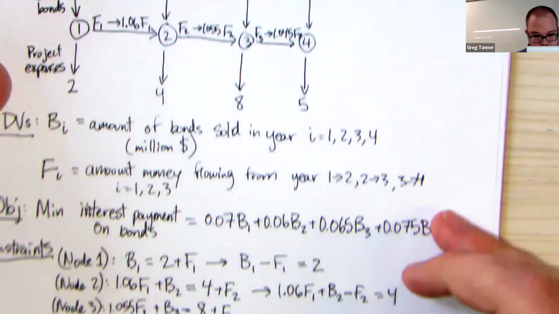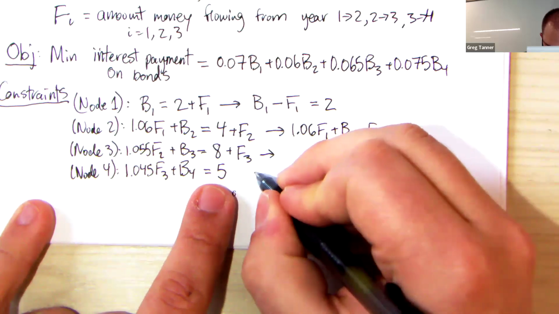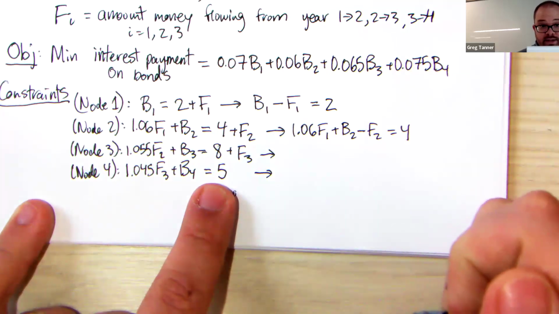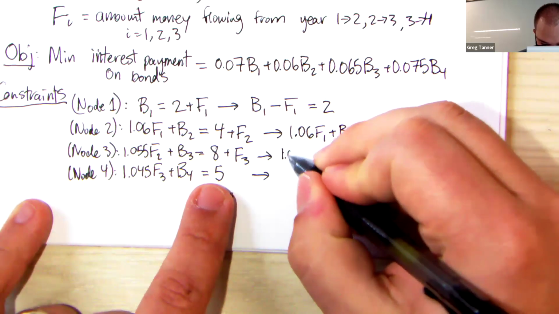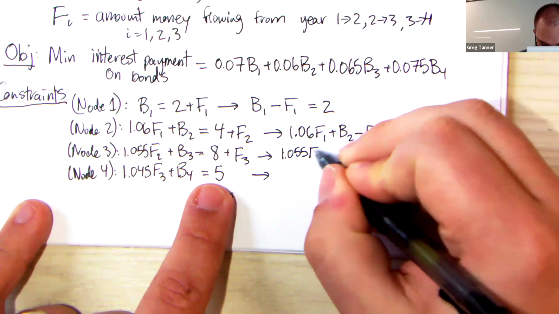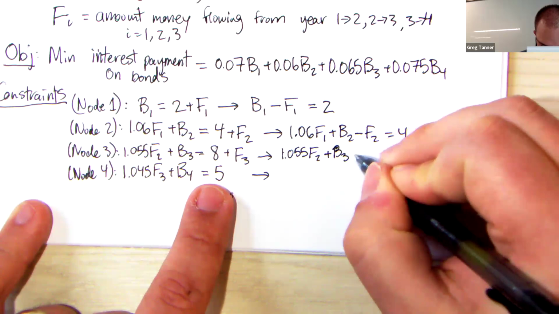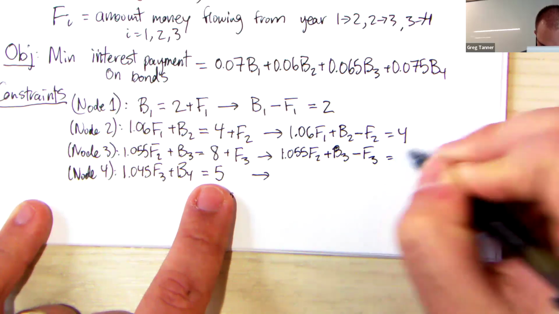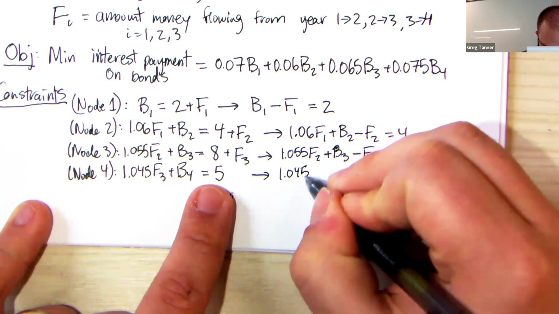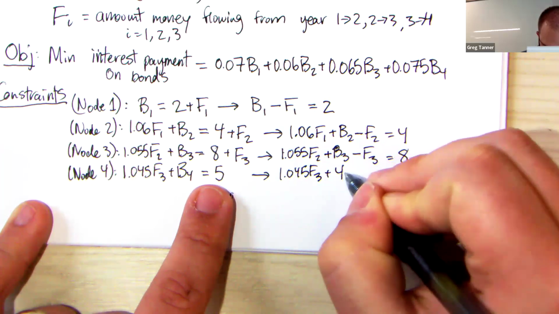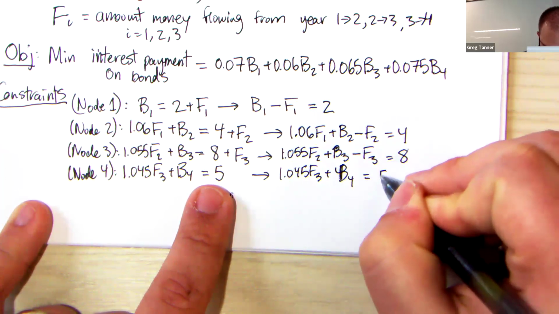And so these are the other 2 constraints. And we can again rewrite them so that they'd be ready to enter into a linear program as 1.055 F2 plus B3 minus F3 equals 8, and 1.045 F3 plus B4 equals 5.